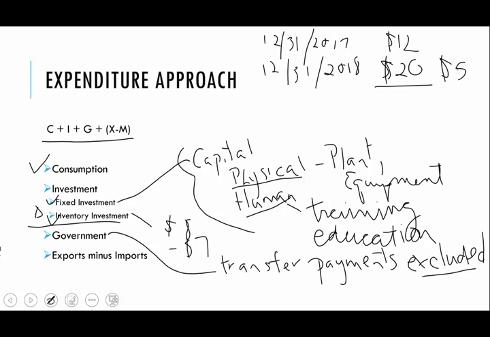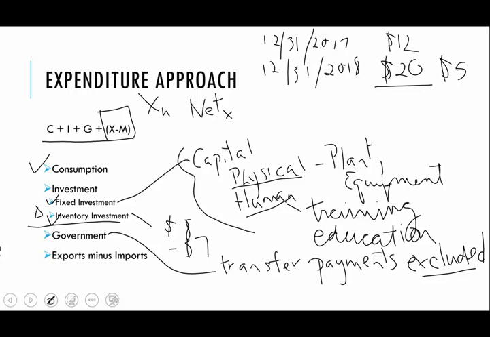Exports minus imports, I've written as X minus M. Sometimes you'll also see it written as X sub N, or net exports. Sometimes you'll even see it written as net X, again, net exports. And basically it means what it says.